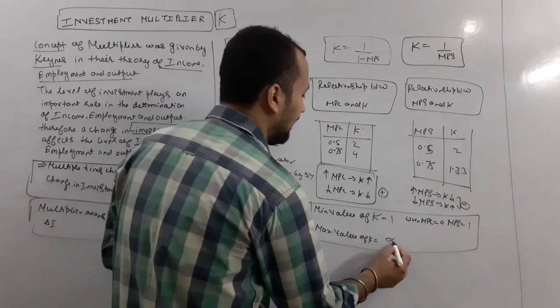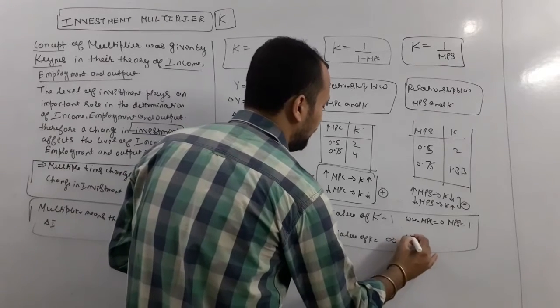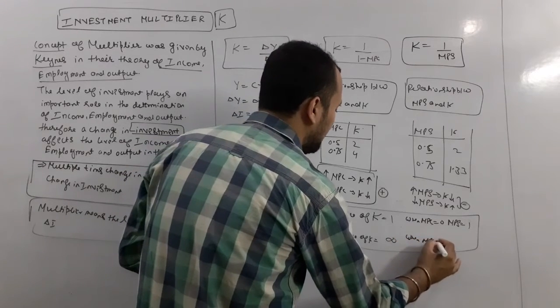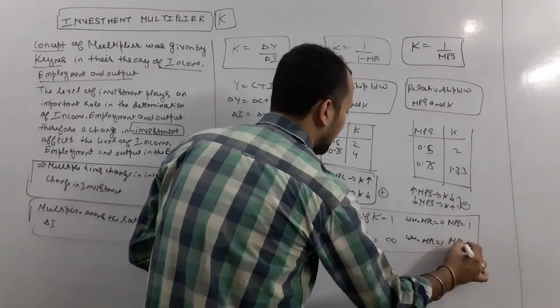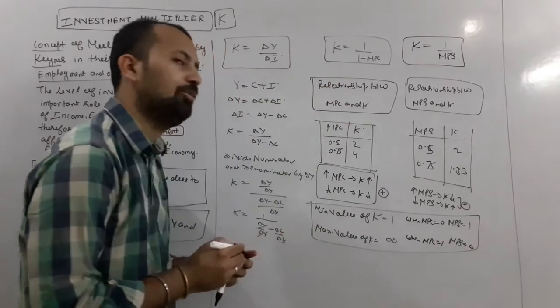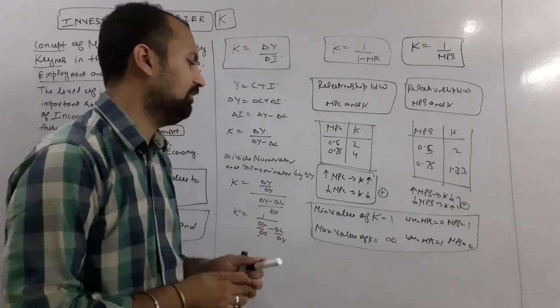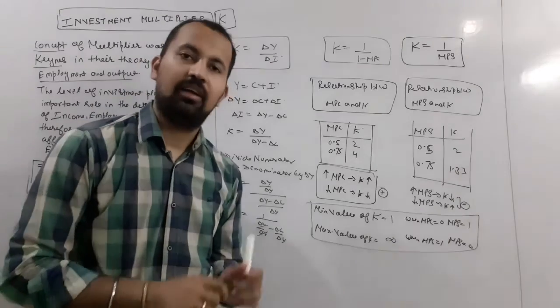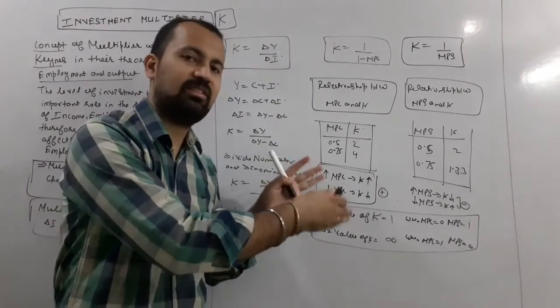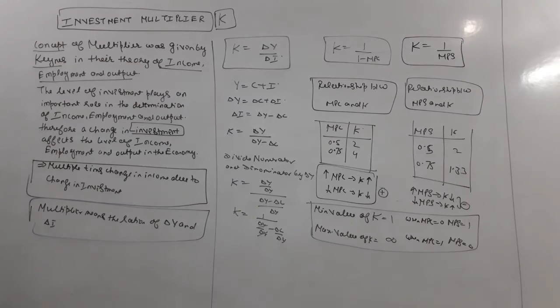The maximum value of multiplier is infinite, when MPC is 1 and MPS is 0. Remaining part we will do just after this.